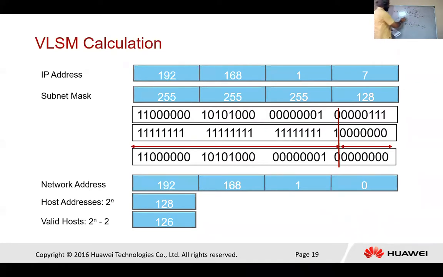So what is the range of IP addresses for this particular subnet mask? When we assign 128 as the subnet mask, the range of IP addresses is 192.168.1.0 to 126.